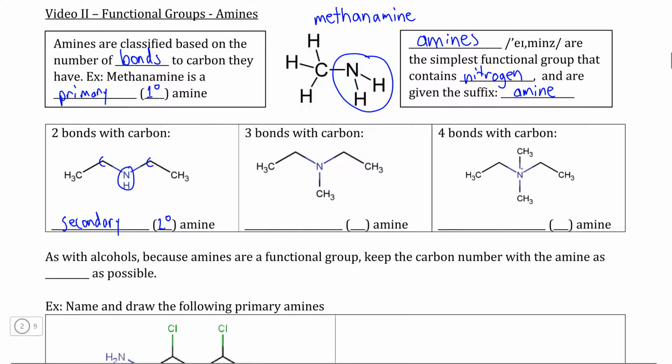Naturally, if there are three bonds to three different carbons, this would be called a tertiary amine, which we would represent with 3 and a degree sign here. And nitrogen, due to the fact that it has a lone pair, actually has the ability to make coordinate bonds, where the lone pair moves and forms a single covalent bond with another element, which is how we can end up with quaternary amines like this.